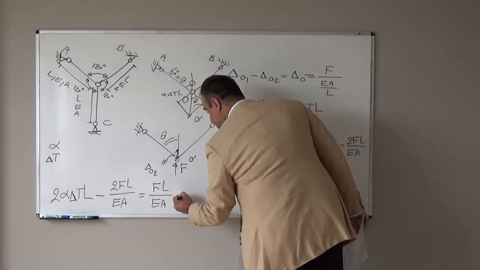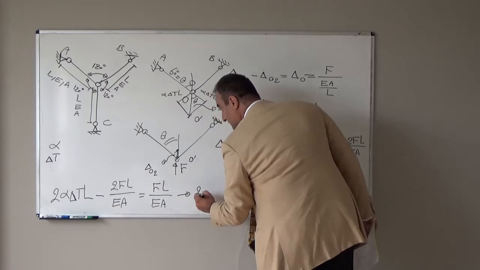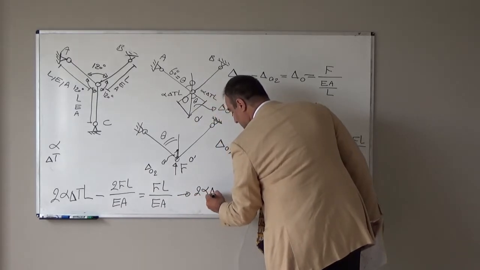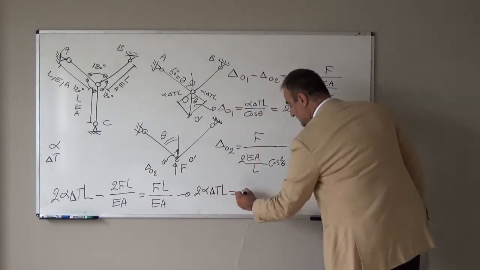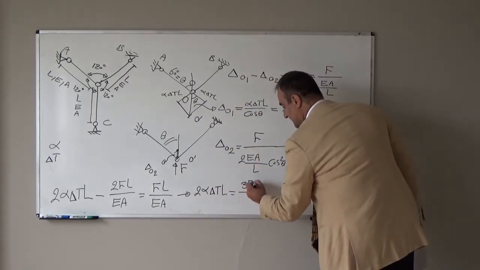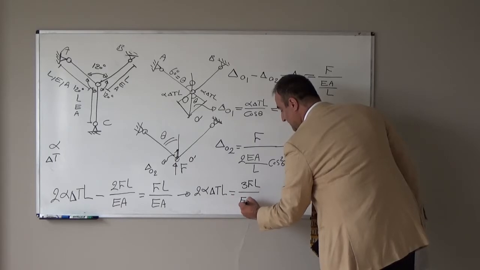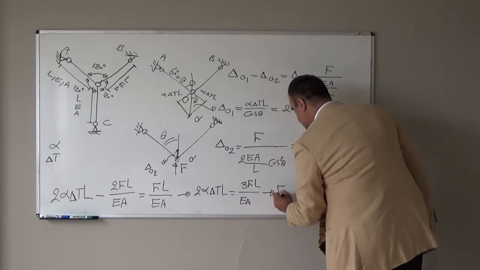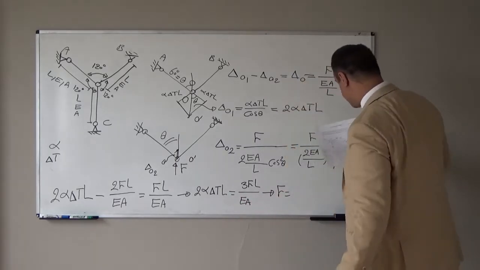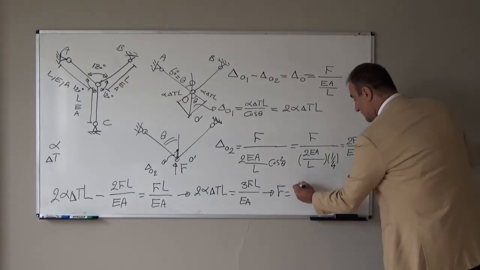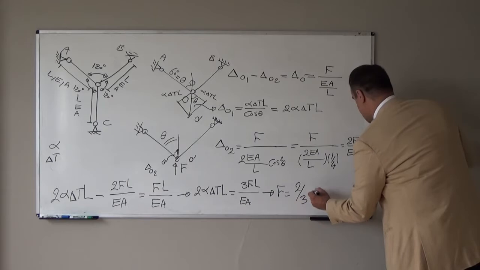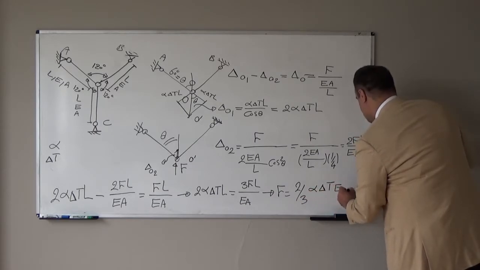If I take this to the other side, I can write 2 alpha delta TL is equal to 3FL over EA. From here, I can find F. F will be 2 over 3 alpha delta T EA.